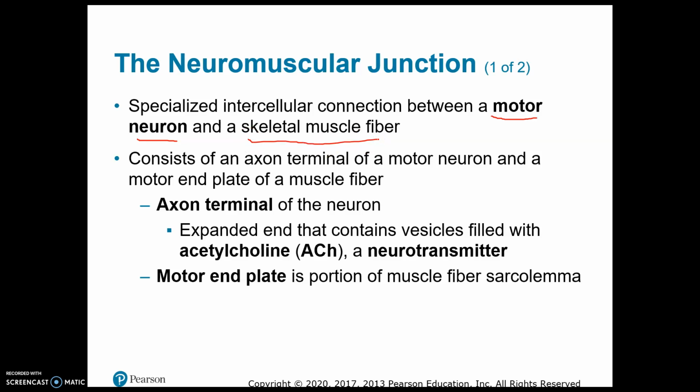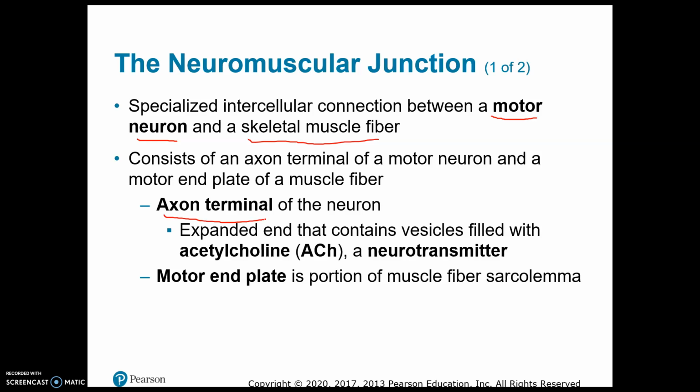So the neuromuscular junction that we are talking about right now is between a motor neuron and a skeletal muscle fiber. The neuromuscular junction consists of the axon terminal of the neuron. The axon is the part of the nerve fiber that sends the nerve impulse to an organ or a target.